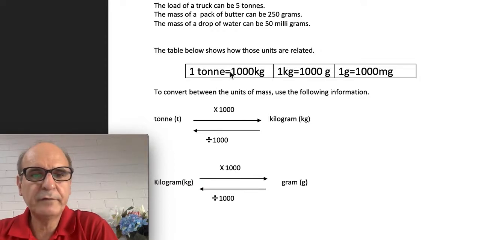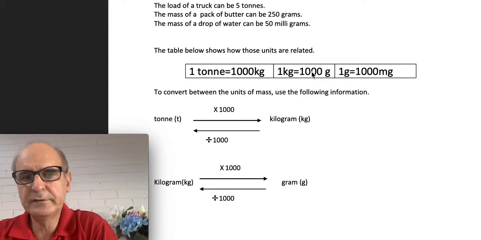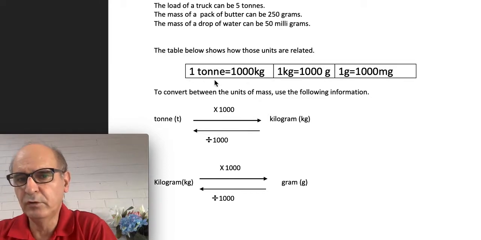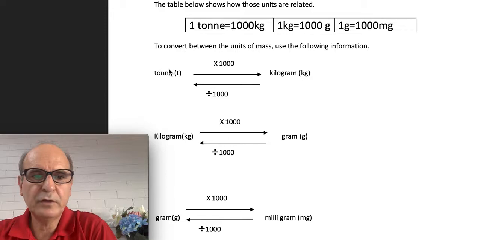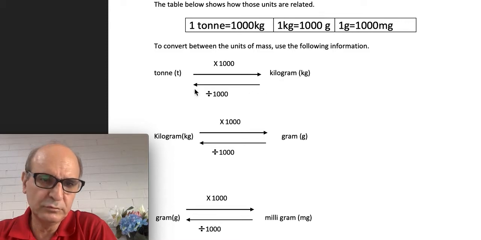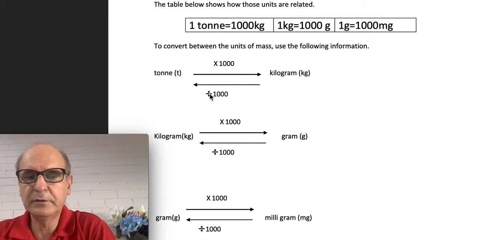Now to convert from one unit to another unit, 1 ton is the same as 1000 kilograms, 1 kilogram is the same as 1000 grams, and 1 gram is the same as 1000 milligrams. So all are in thousands. So to convert from ton to kilogram, times by 1000, and to go backward from kilogram to ton, divide by 1000.